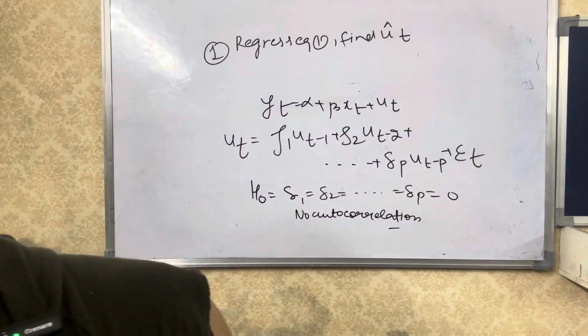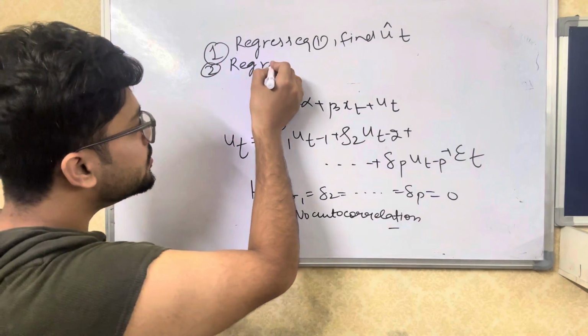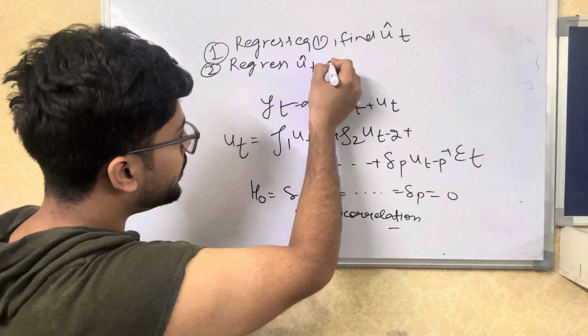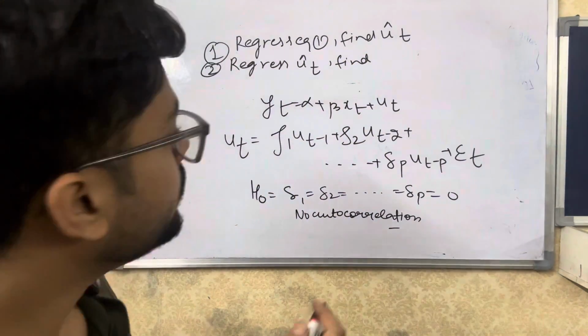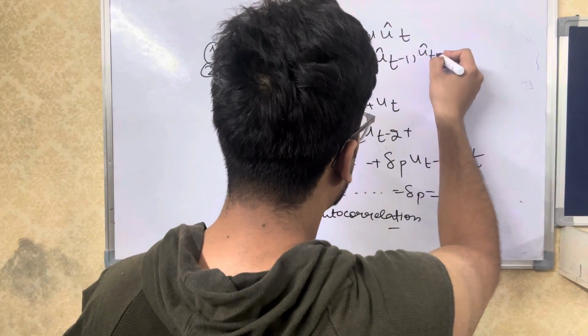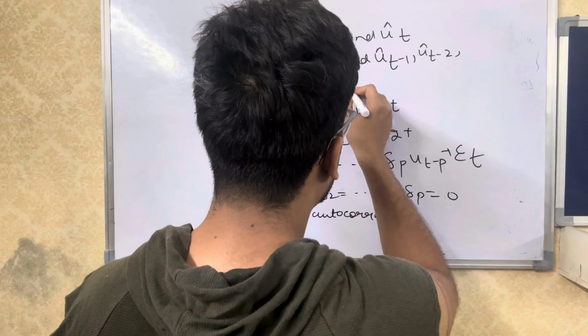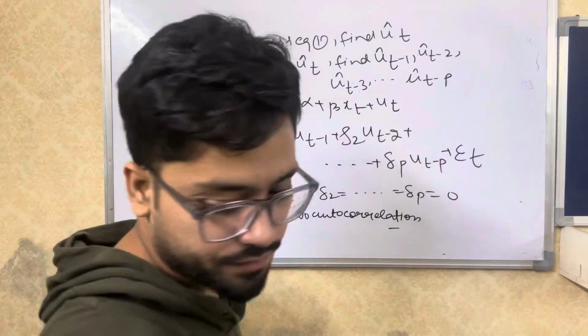Second is regress mu cap t, क्या find करना है आपको? All this, mu cap t minus 1, mu cap t minus 2, mu cap t minus 3 up to mu cap t minus p.